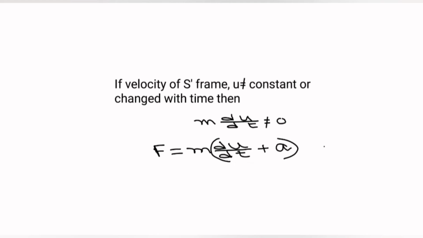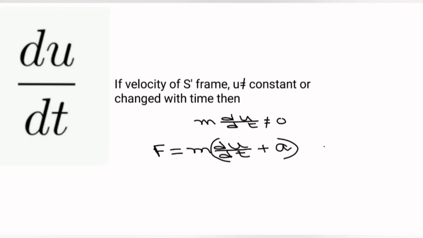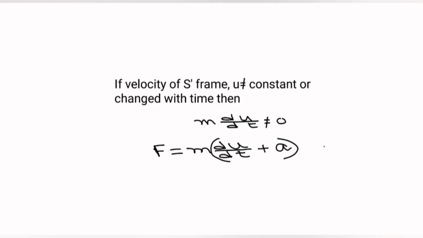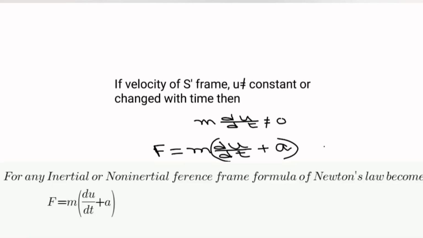So in the final equation the properties of both, like m, F, du/dt, are coming. The force m du/dt is called a pseudo force as there is no interaction between the particle and the S dash frame. So F equals m du/dt plus ma is a general formula for all inertial and non-inertial frames.